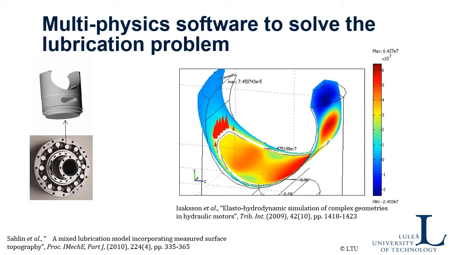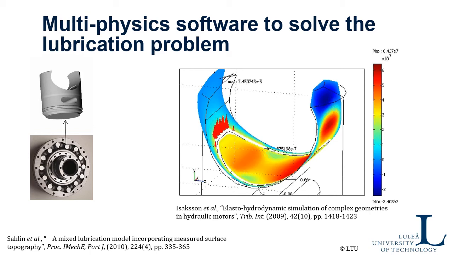And of course, if you use that tool, you can compute the minimum film thickness and compare it to the surface roughness, and then you can determine the film parameter and then also estimate the regime it will operate in.